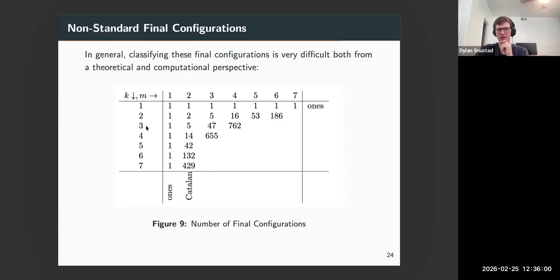But even building up to the three case is very difficult. If M is 3 or K is 3 and you want to generalize the formula, this is not obvious. We think we know what's going on for the K equals 3 case, where we can generalize this lattice path idea that I just mentioned. But the construction is very gross, so I didn't really want to talk about it too much in this presentation because it gets overly complicated and it's not very pretty to look at.